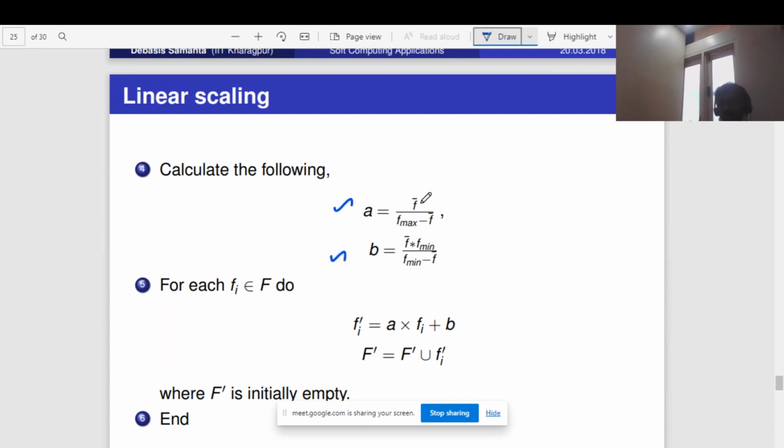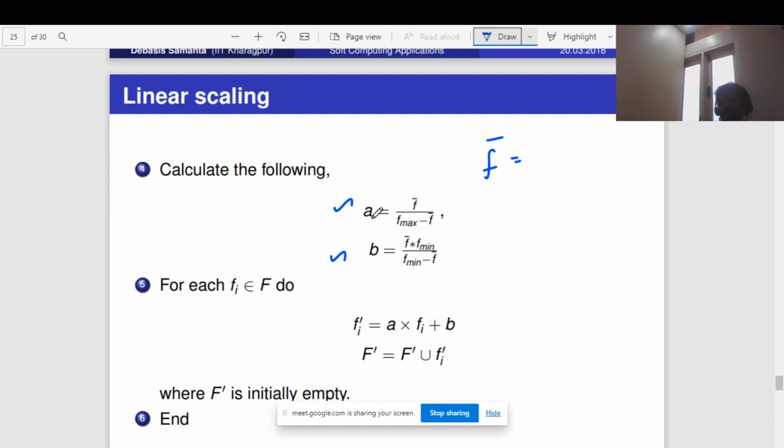So a is f dash divided by f max minus f dash, and b is f dash into f min divided by f min minus f dash. What is f dash? Mean of all fi's. So a is that mean of all fi's divided by f max minus f dash, and b is f dash into f min divided by f min minus f dash. Okay, we identify a and b.